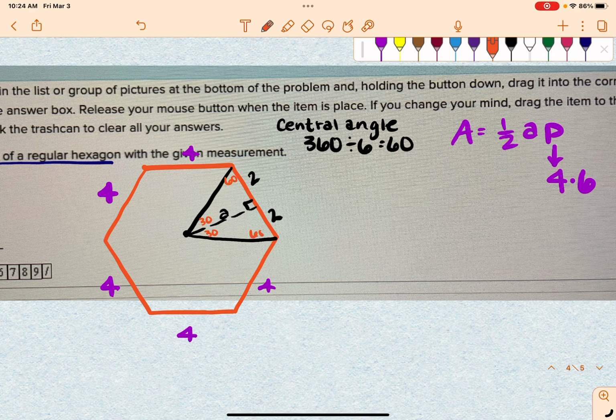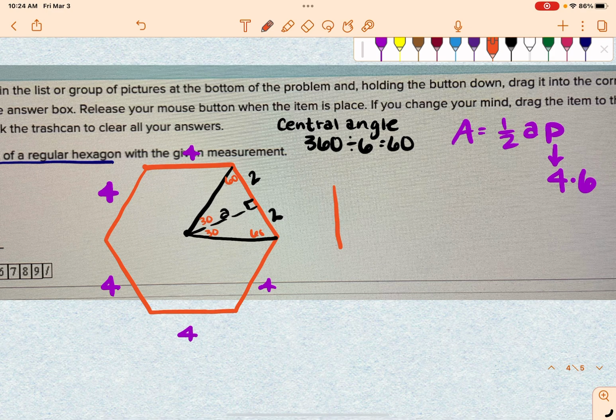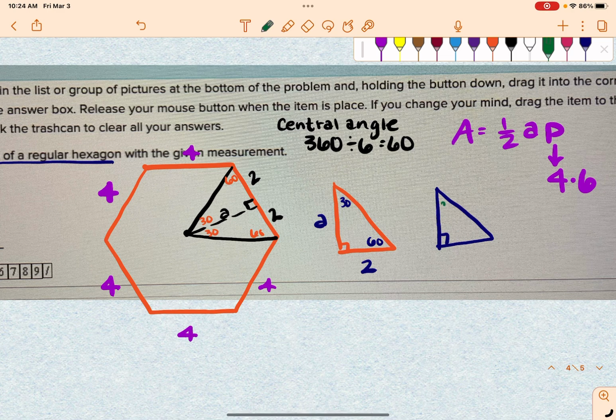So let's start to get one drawn so we can talk about it. So if I pull one triangle off, 30 and 60 here, this side is 2, and this is the apothem I'm trying to find. Now, if I draw just the generic 30, 60, 90 triangle, so this would be 2x, this is x, and this is x square root of 3.